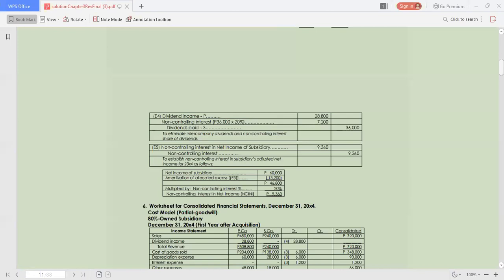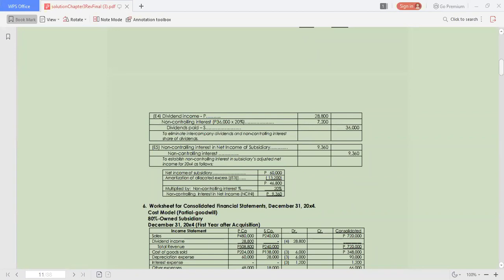So we now close by debiting dividend income in the books of Pascal 28,800, and debit non-controlling interest for 7,200, and credit dividends paid. Now, to eliminate intercompany dividends and the non-controlling interest share of dividends.